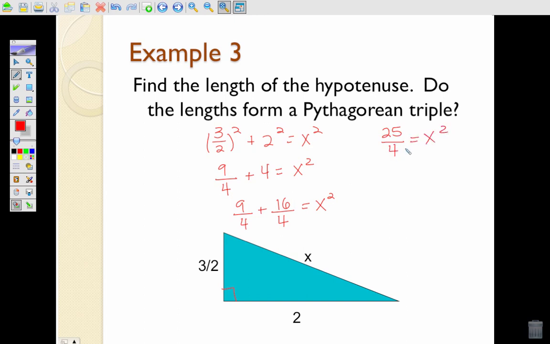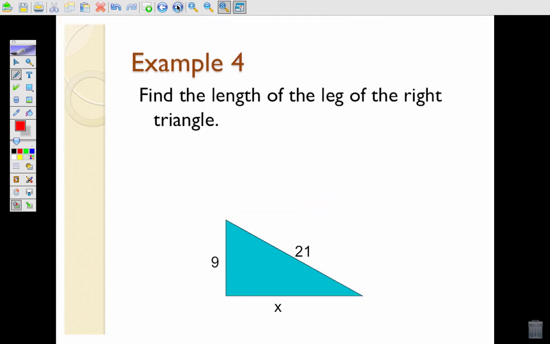Add the numerators, leave the denominator. Take the square root of both sides. These are both perfect squares, so the square root of 25 over the square root of 4 would be 5/2. Again, not an integer, so not a Pythagorean triple, but we do have a right triangle.